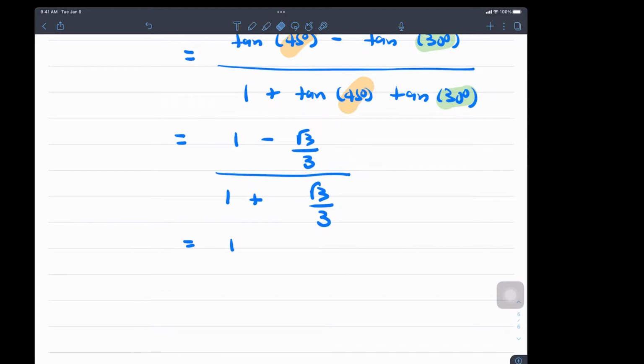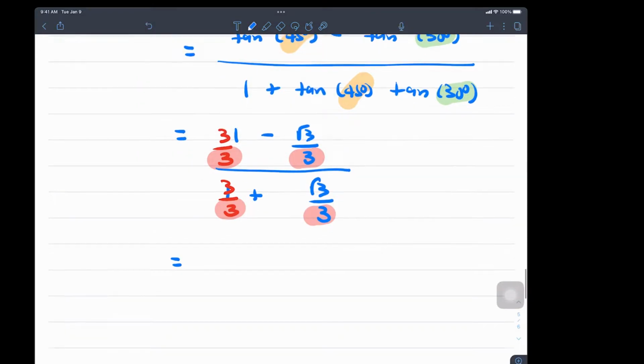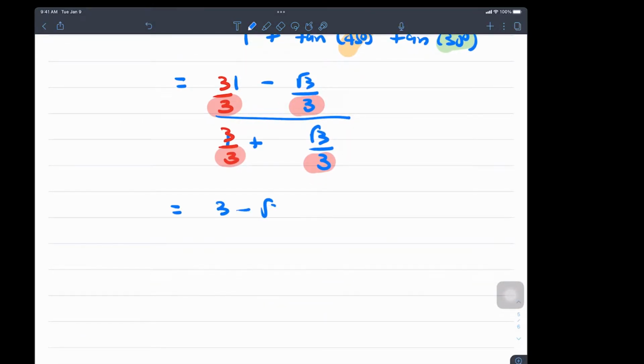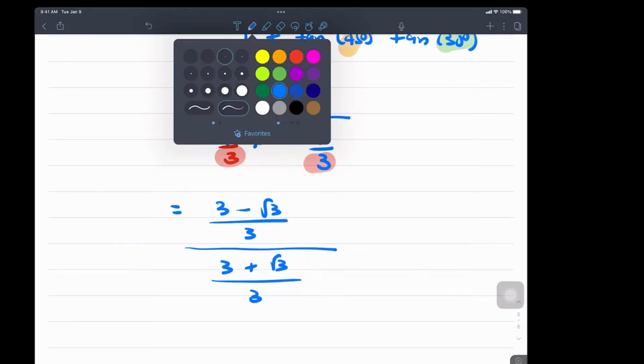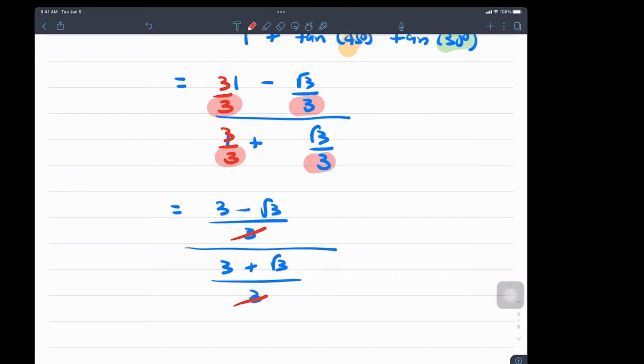Now, here's what I recommend. You might want to say, what do I do with this now? Well, remember, you have a denominator in both cases here. This is a 3, so you can replace that 1 with 3 over 3. The threes cancel.